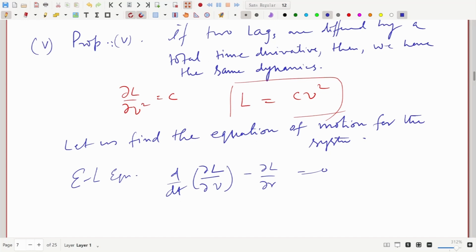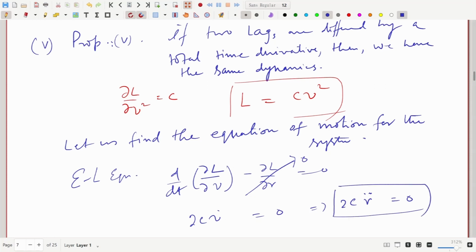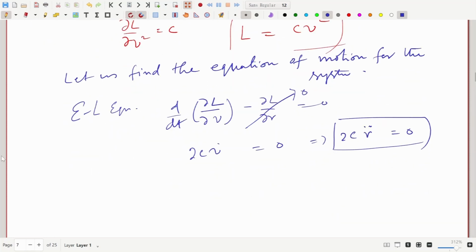But the Lagrangian is simply C times v², so it does not depend on r. So this is 0 for this Lagrangian. So we have 2 C v dot equal to 0. That means 2 C r double dot equal to 0. So this is the equation of motion we obtain from the Lagrangian.